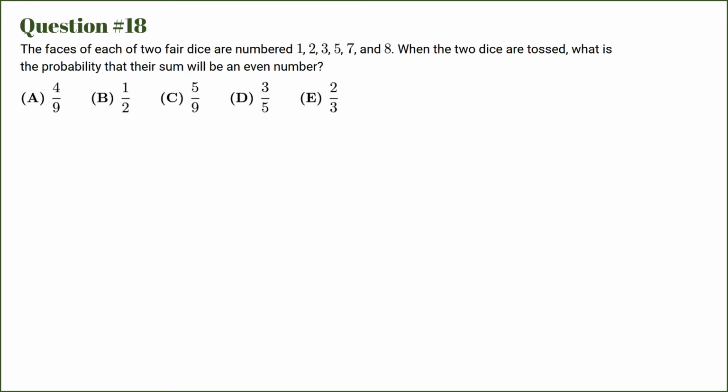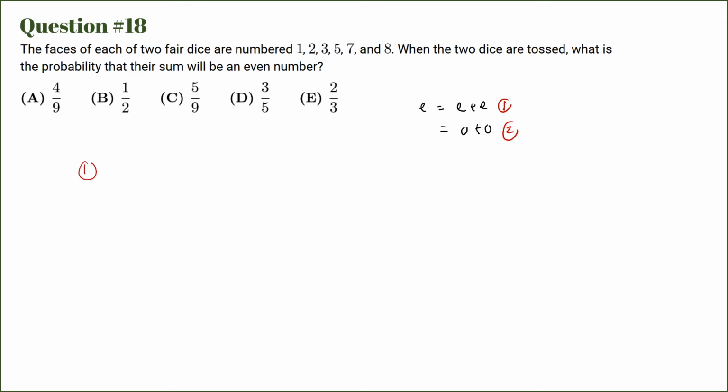Question 18 states, the faces of each of 2 fair dice are numbered 1, 2, 3, 5, 7, and 8. When the 2 dice are tossed, what is the probability that their sum will be an even number? So to have an even number, you either need to add 2 even numbers or 2 odd numbers. So let's say this is case 1, this is case 2.